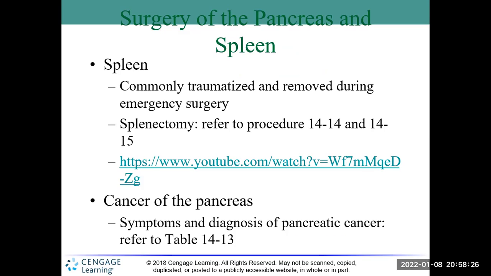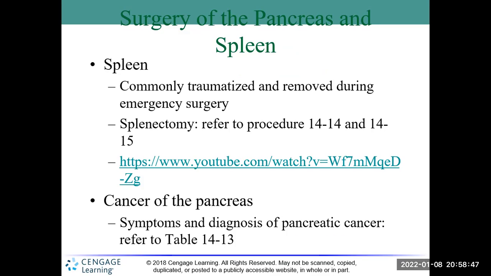Surgery of the pancreas and spleen. So the spleen, many times we see the spleen being injured in an MVA, a car accident. This happens because it is on the left side under the left rib cage area.